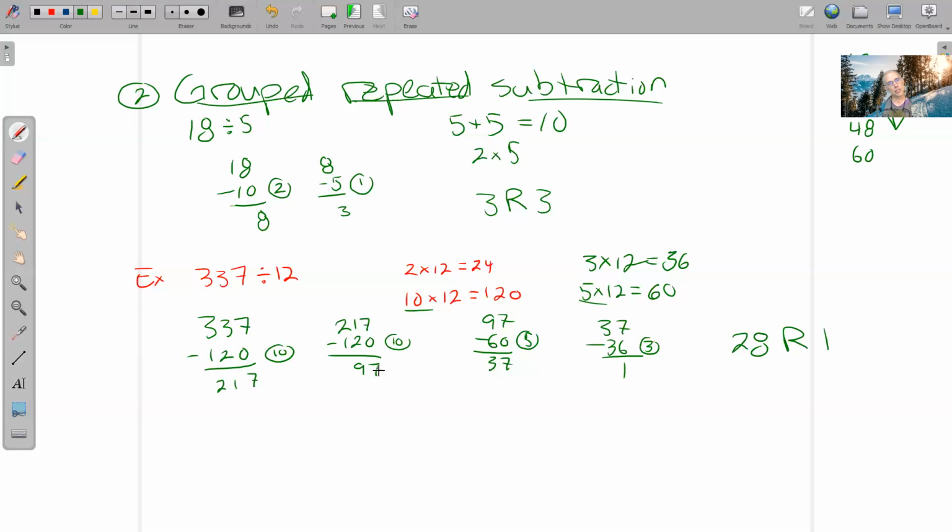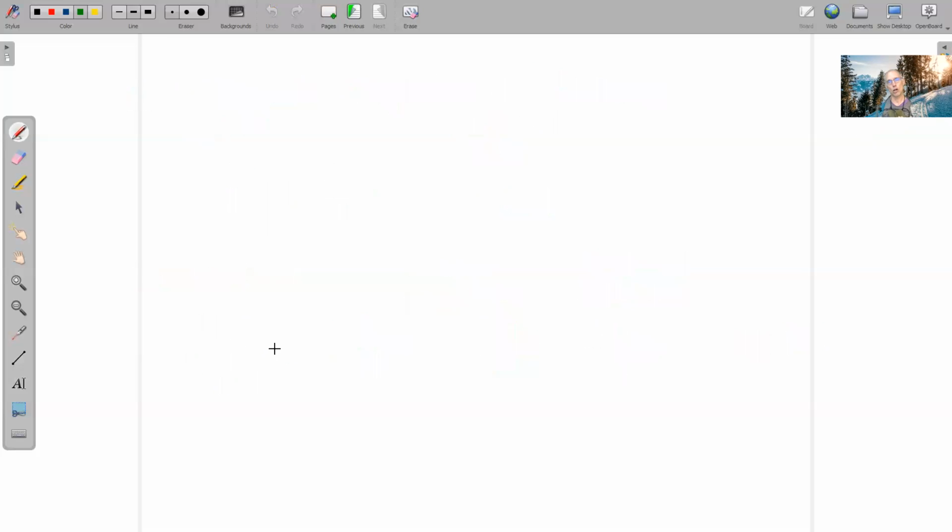So let's try this again with a slightly different version of the grouping. And again, so far the algorithms I'm doing are just based on division means how many times can you subtract, right? Repeated subtraction. So let's call this 2b. And this is a grouped repeated subtraction with doubles.